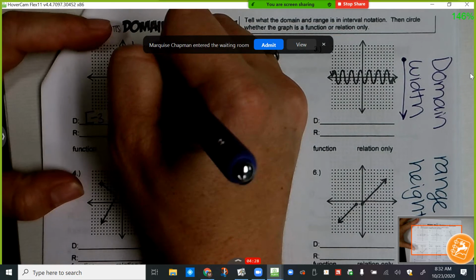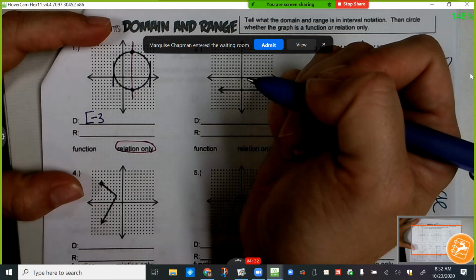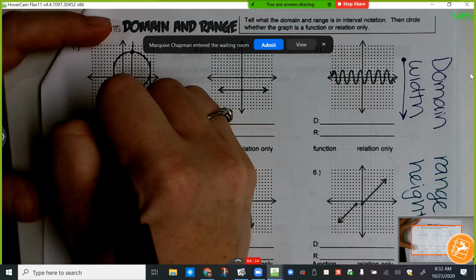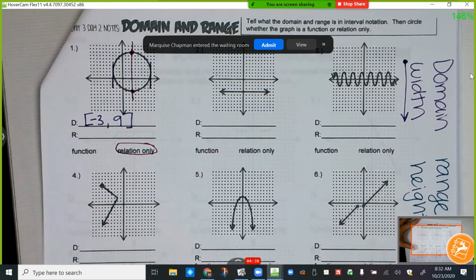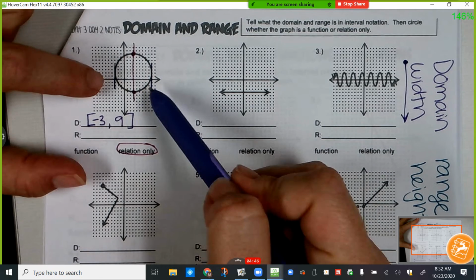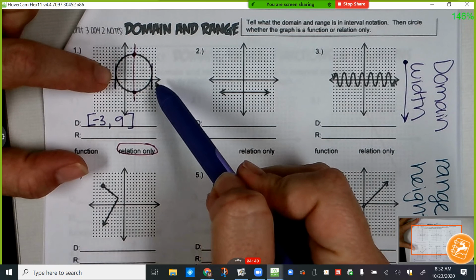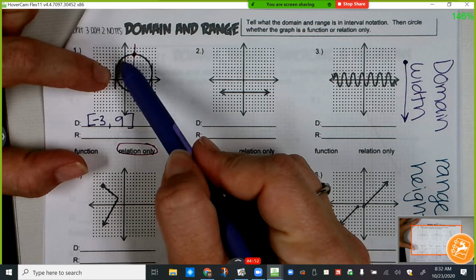And what's the farthest right it goes? There is your domain. That is telling me that everything between -3 and 9 is being used. Is there a solid line everywhere between those two lines that I just drew? Yeah, see how that solid line literally goes from one side to the other? So that is true.